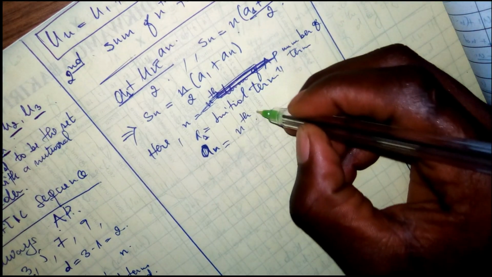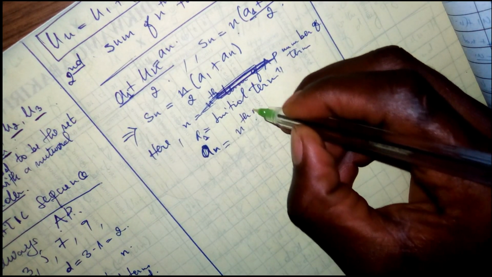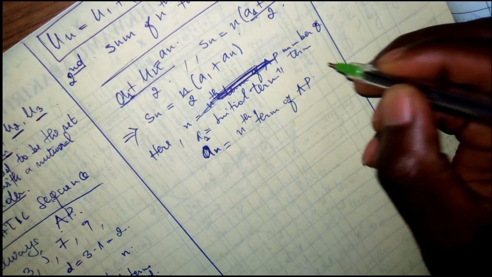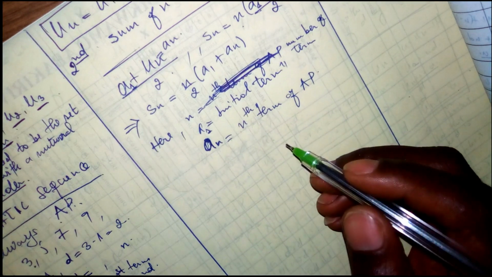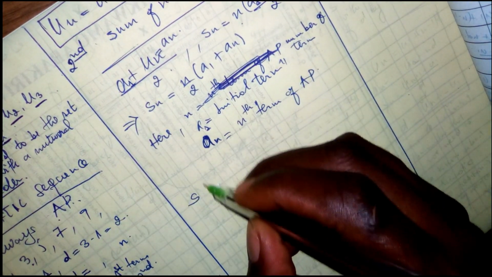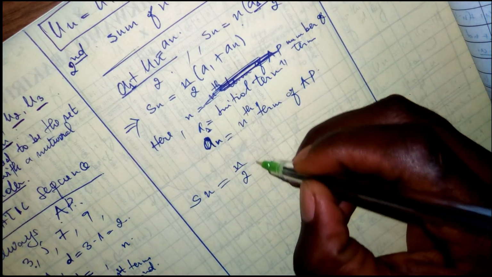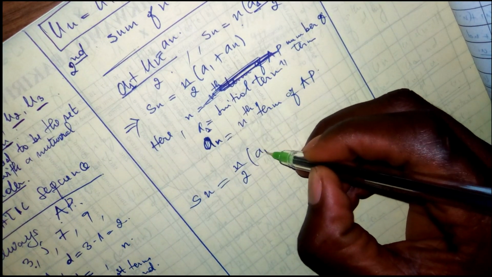Therefore, as you can see here, the sum of n terms equals n over 2 times a1 plus an. We have seen that an equals a1 plus n minus 1 times d, where d is the common difference.